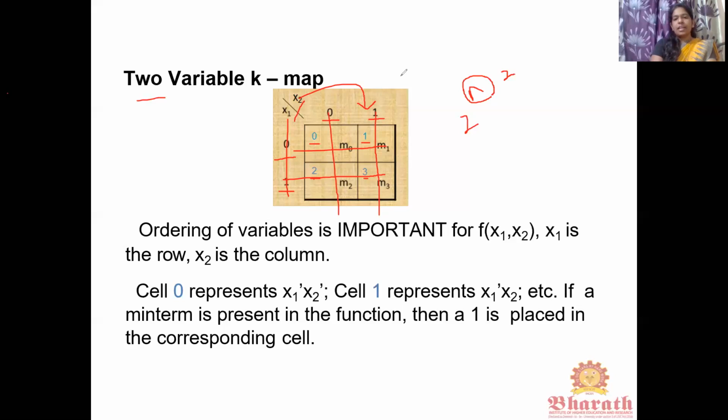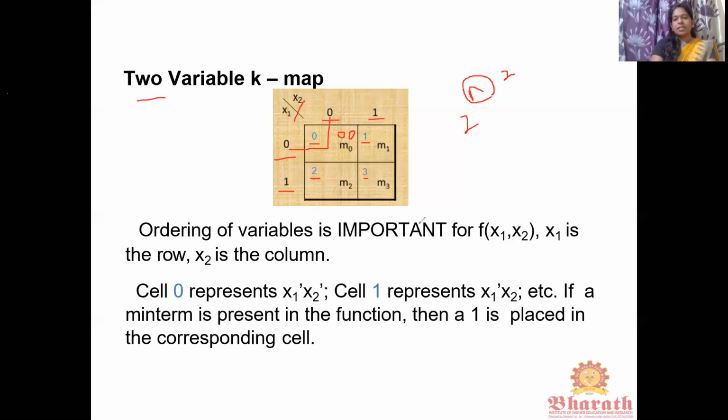So what is the value of this cell? Value of this first cell: take the row and column, 0, 0. So x1 complement, x2 complement. 0 means complement, so x1 is 0 and x2 is 0. So x1 complement, x2 complement.